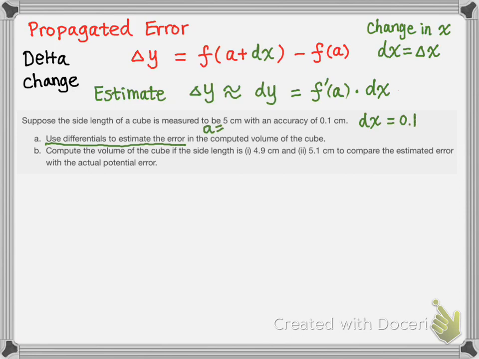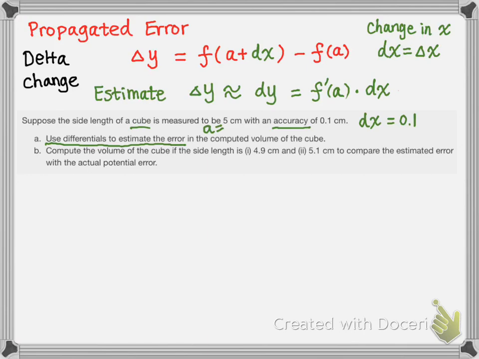At most you can change x by 0.1. Those are the error of the measurement. Now, given this information, and it's a cube, we want to use a differential to estimate the error in the computed volume of the cube.